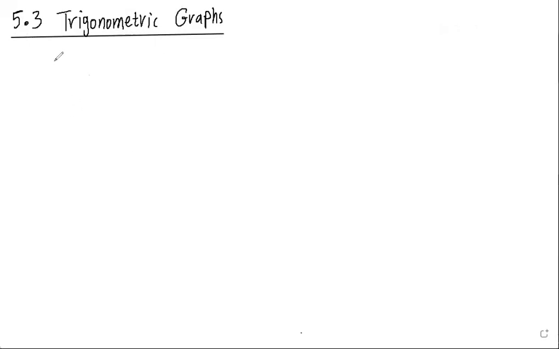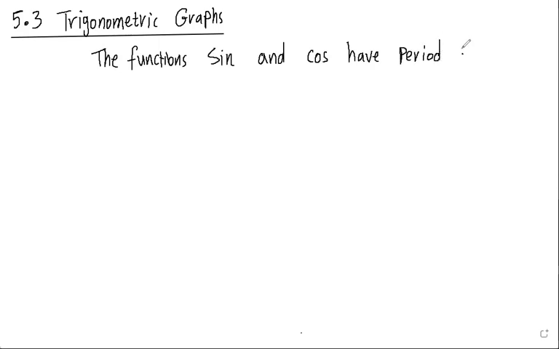So first of all, we have to know the functions sine and cosine are periodic functions, so they have period 2 pi.